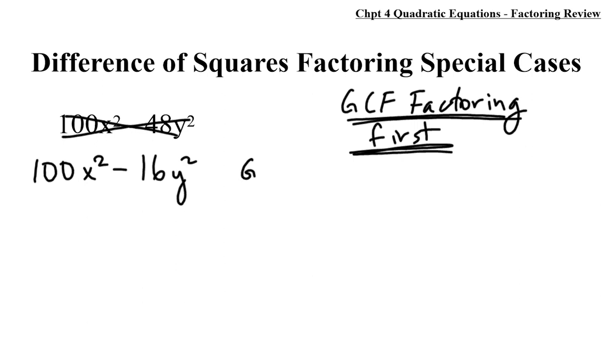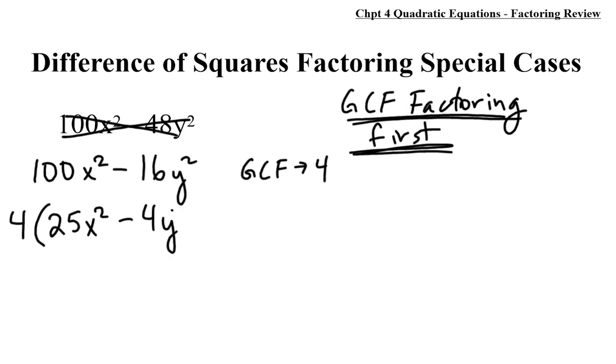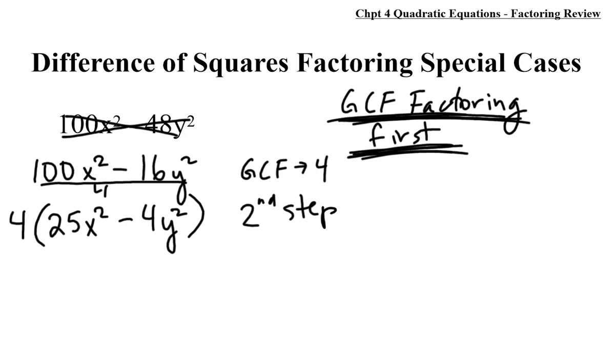All right, here we go. So the GCF in this case, again, will be a 4. Factoring out 4 will leave us with 25x squared subtract 4y squared. There's always still starting with GCF factoring first. Always. At that point, what's interesting is second step factoring. What do we have left now that we've factored out the 4?